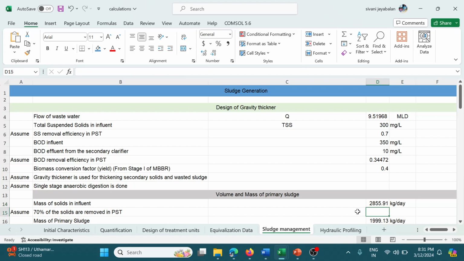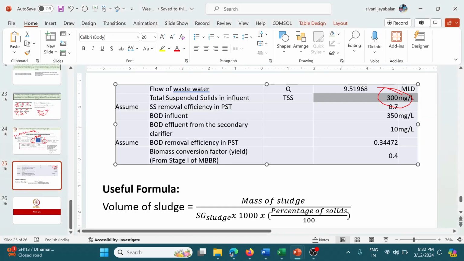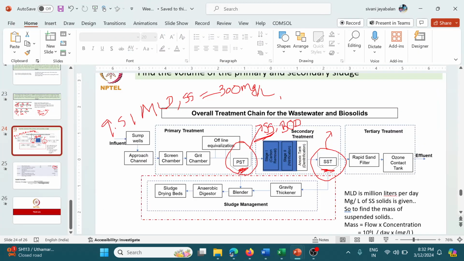Okay. Now we are going to move to the next step. Punita, are you getting the same answer? Yes, ma'am. Okay. So now you know what is the mass of solids that is entering. But PST will remove 70% of the mass of the influent suspended solids. PST is nothing but settling, right? So 70% of the influent mass of solids is getting settled at the PST.